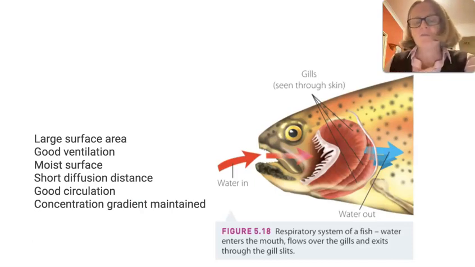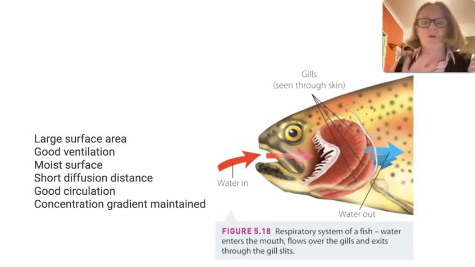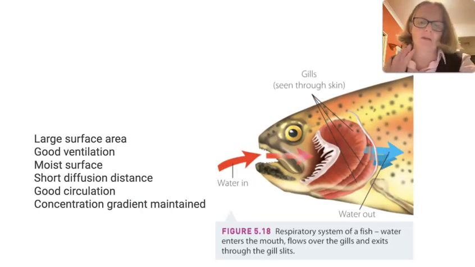And the gill filaments are very fine, and they are protected by an operculum or a gill cover to keep them safe from any damage or any parasites or any attack. A nice hard cover, because they are very delicate, because they're literally one cell thick, just like the alveoli in our lungs. You can see they're bright pink.